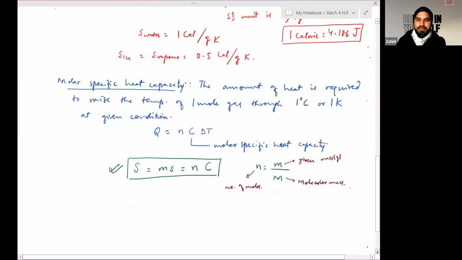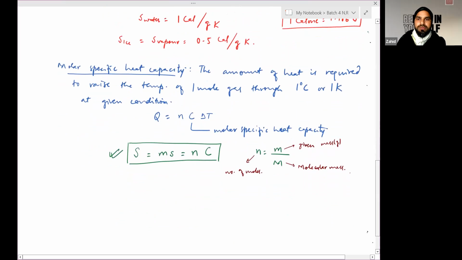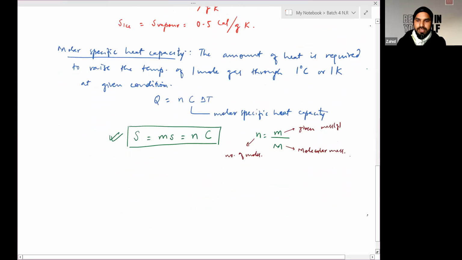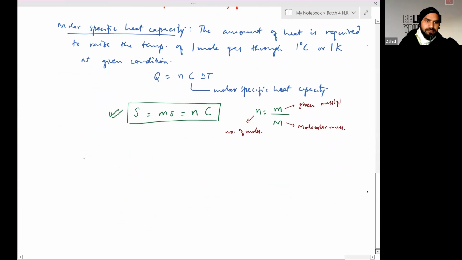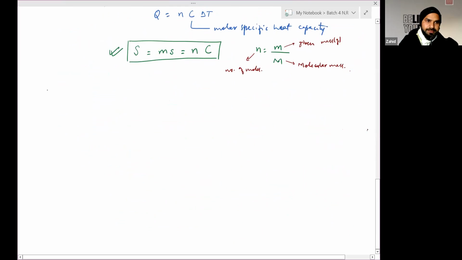The next part is heat responsible for change of state. First is latent heat of fusion.